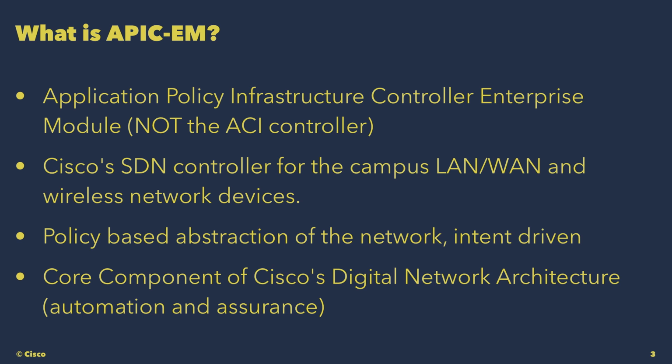And what we're simply stating with policy-based abstraction is, I'm going to tell you, the APIC-EM controller, this is my intent, this is what I want you to do, and then you go figure out how to program the infrastructure. So it really simplifies the way that you deploy, for example, QoS. It's the core component of Cisco's digital network architecture, and specifically focusing in on the automation and assurance piece.